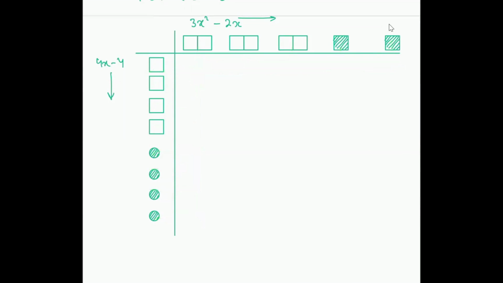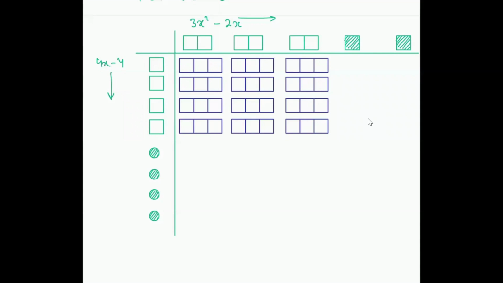So I will just show how it looks for the first combination, where we have 2 boxes and 1 box correspondingly, right? Now I'm going to populate similarly all the other combinations.